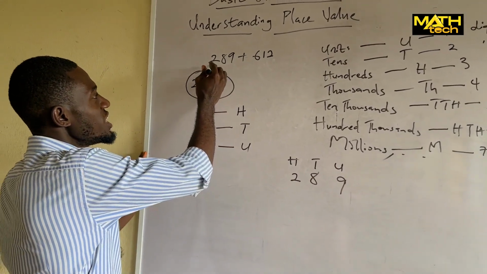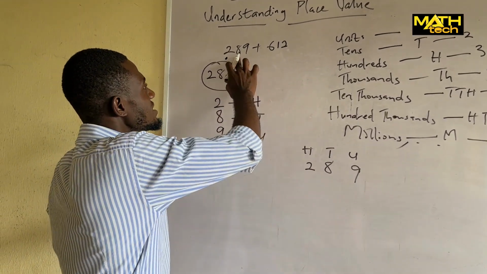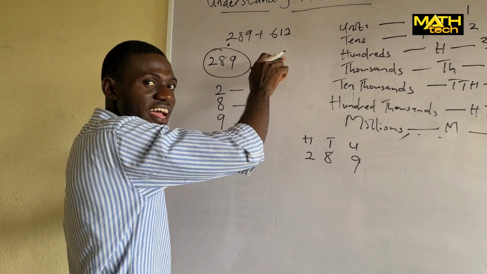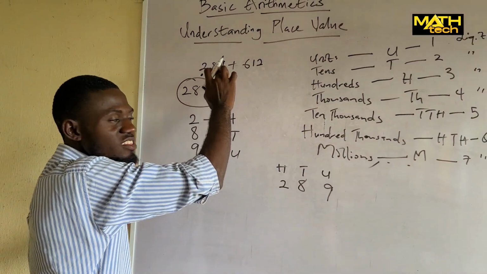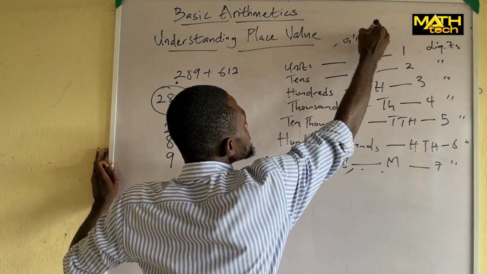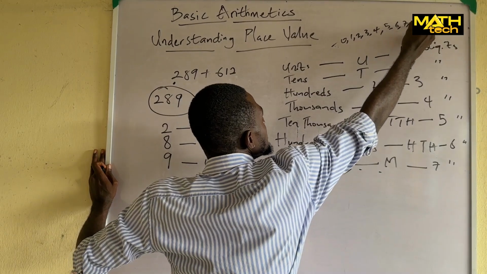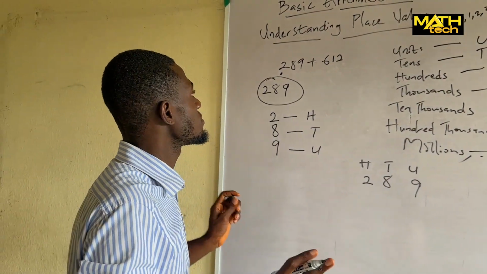The first value here is the hundreds, which is 200. Then this is tens, and this is the units, 89. The unit is just made up of 0, 1, 2, 3, 4, 5, 6, 7, 8, and 9. That is what the unit is made up of.